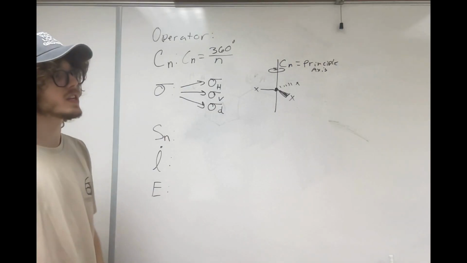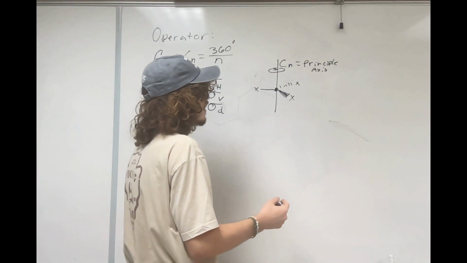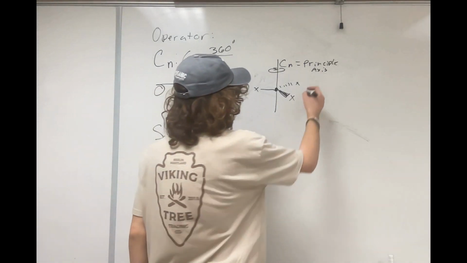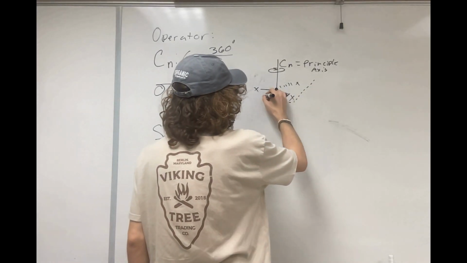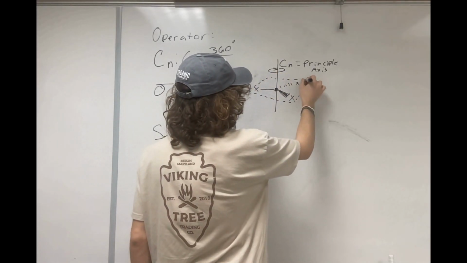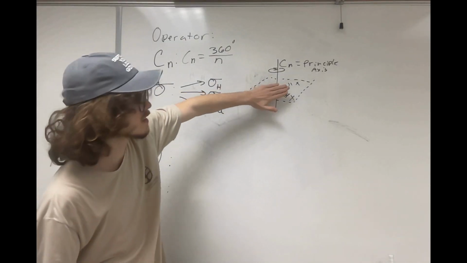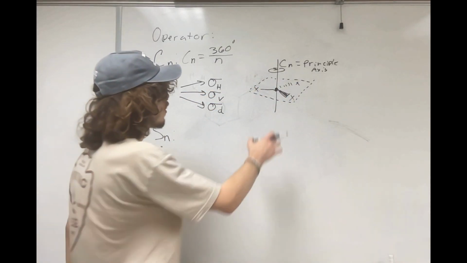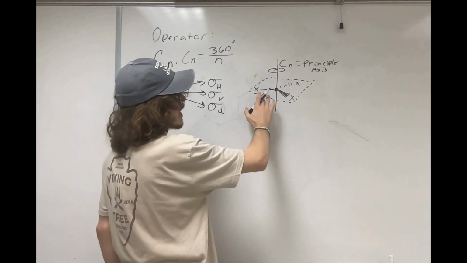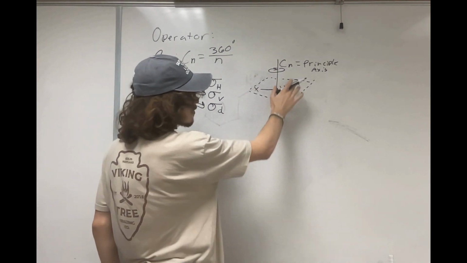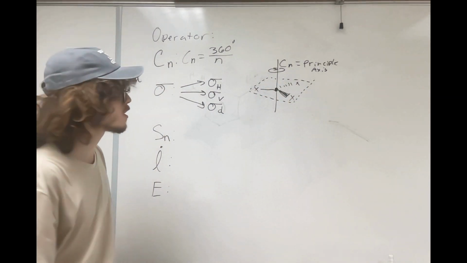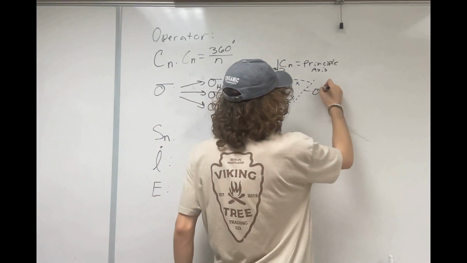And sigma h is the plane of symmetry described here. I hope I'm doing a good job of describing it, but it sits over and encapsulates all these X groups that we see. So this is going to be sigma h.